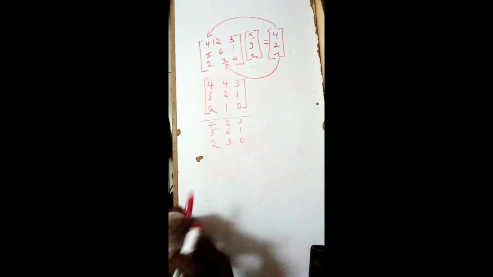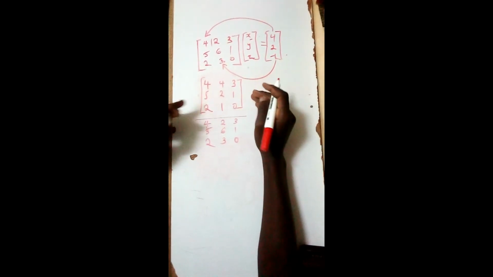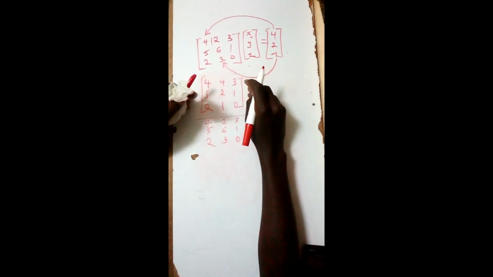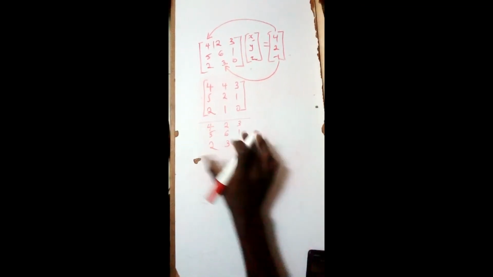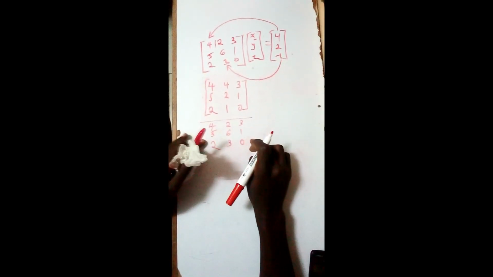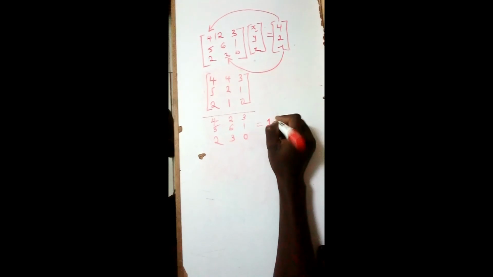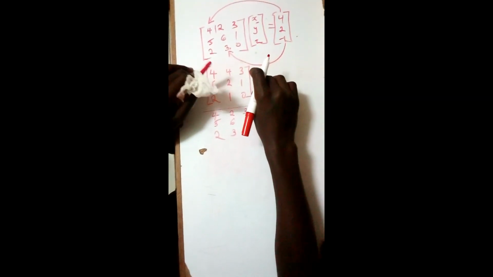So as always, we are dividing the determinants. That's to mean you're going to find first the determinant of this numerator, then you divide by the determinant of the denominator. And remember, we have already found the denominator, which we have gotten is 1. So our concentration is always going to be on the numerator.